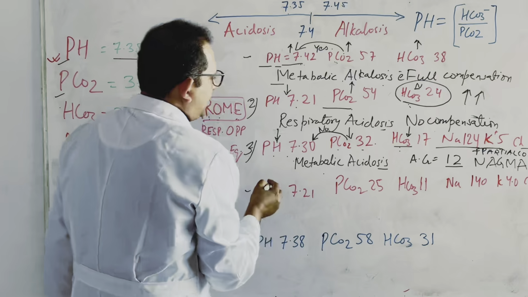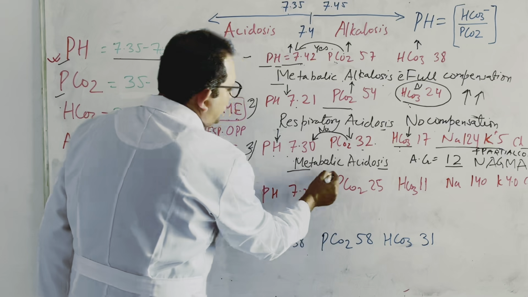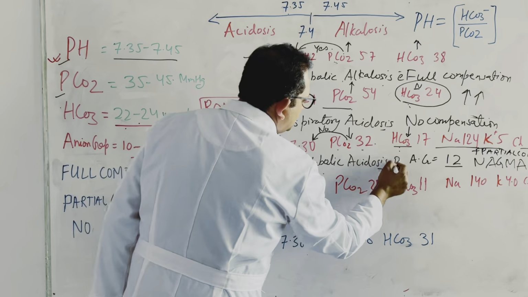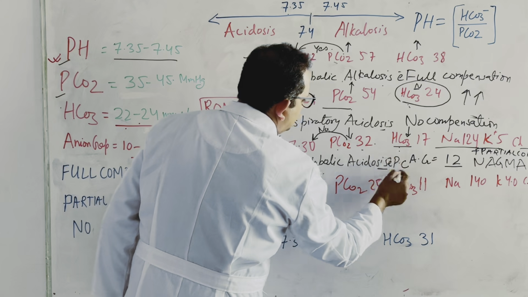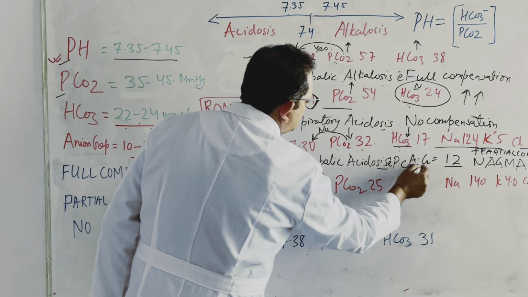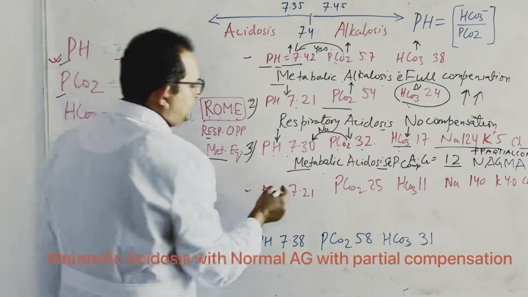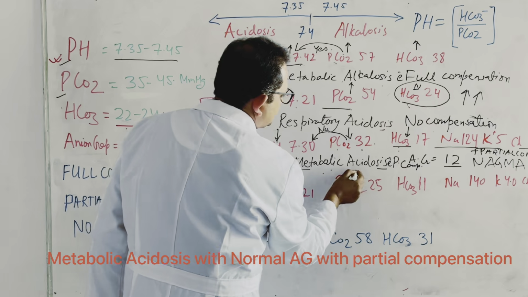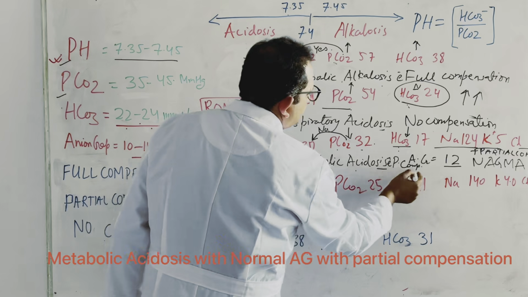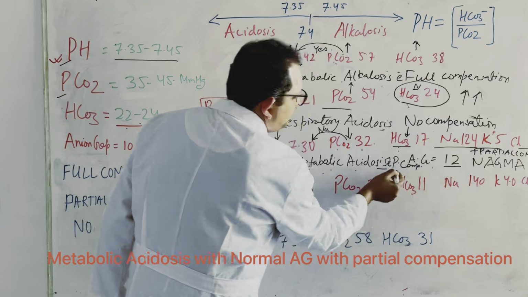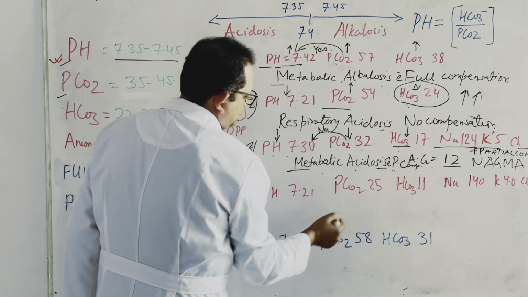So what will be the diagnosis? That will be metabolic acidosis with partial compensation. The full diagnosis will be metabolic acidosis with normal anion gap with partial compensation.